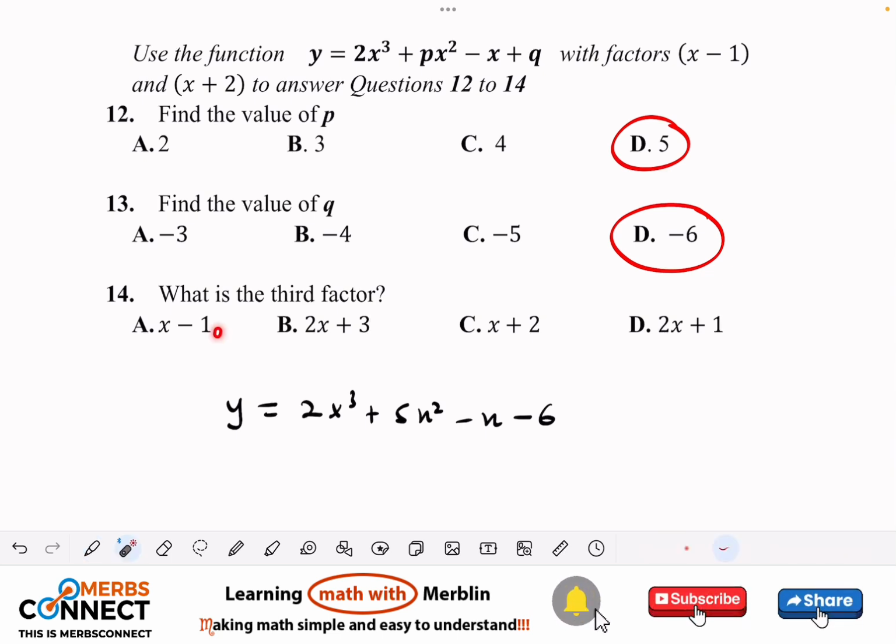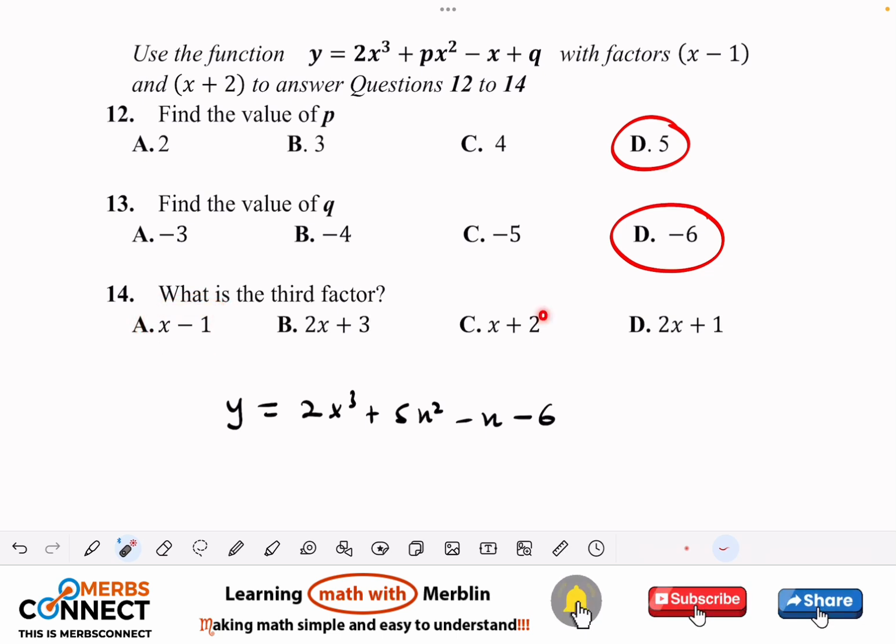So what I'm going to do is I'm just looking at what is here, and then try to see if this is going to be true. Remember, if the thing is a factor, then when I plug it in, I should get 0, right? Good. So first, let's look at option A. Option A is already here, which is a factor. Yes, it can be that it is repeated like squared, right? So since this one is here, it is true.